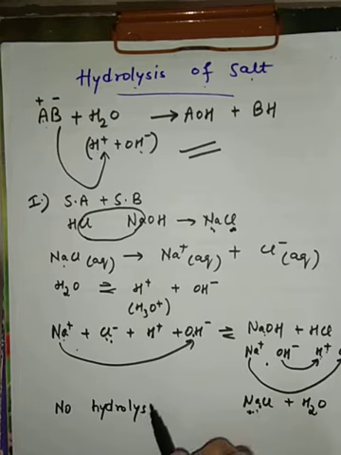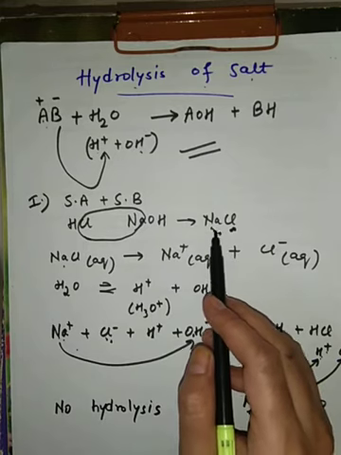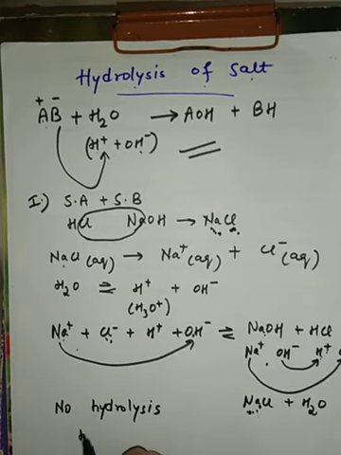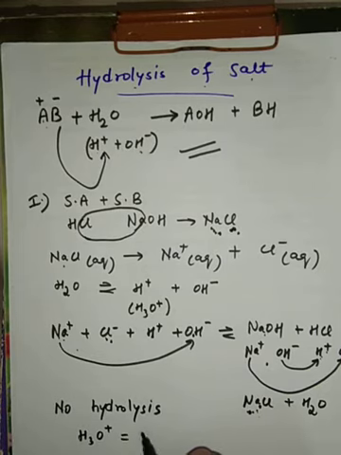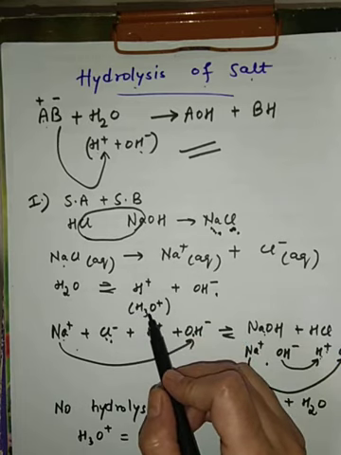We can say that there is no hydrolysis when a salt like NaCl, which is a combination of strong acid with strong base, is dissolved in water, so the neutrality which is produced comes from the equilibrium of water. Equilibrium of water was explained in this way. I told you H plus and this hydronium is same.